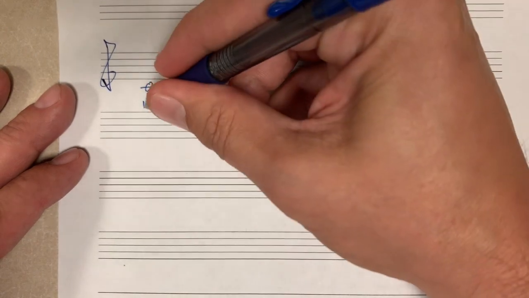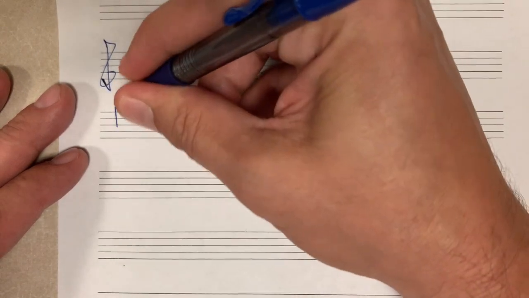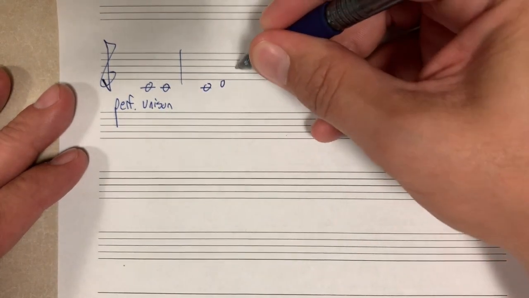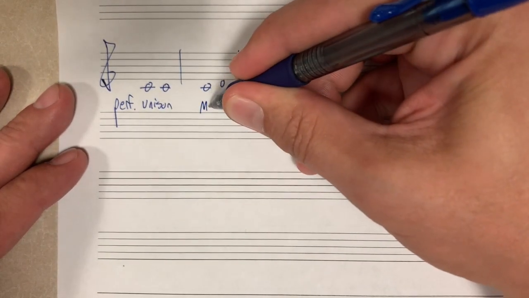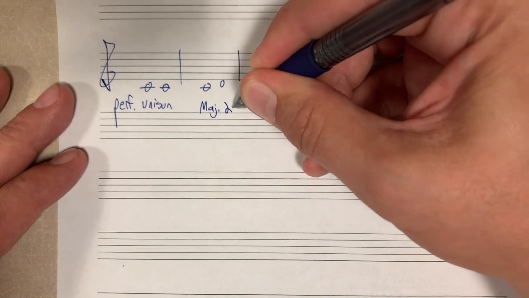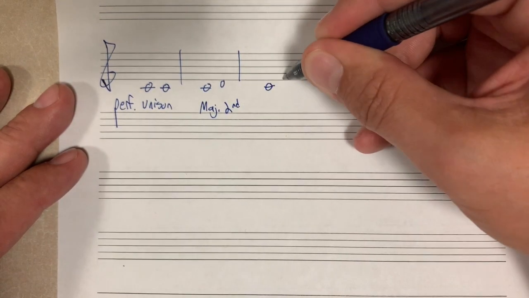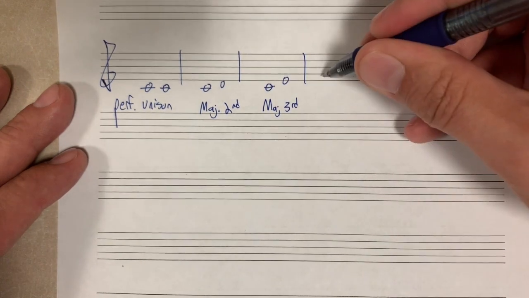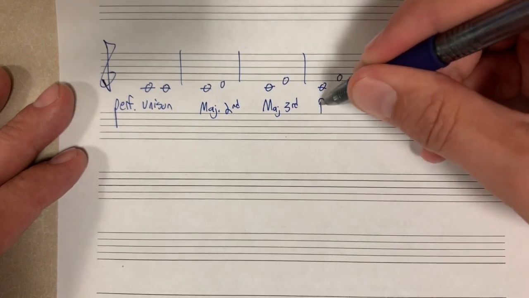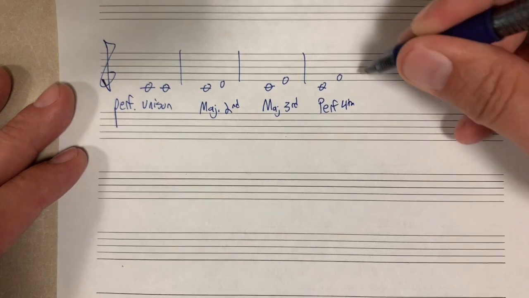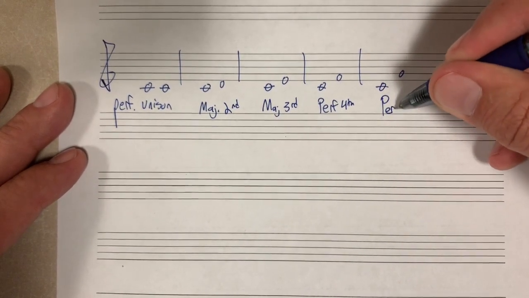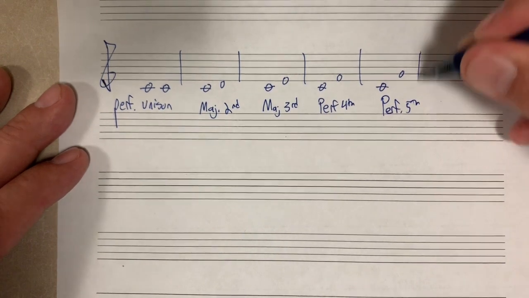So C to C is what we call a perfect unison. C to D is a major second. C to E is a major third. C to F is a perfect fourth. C to G is a perfect fifth.